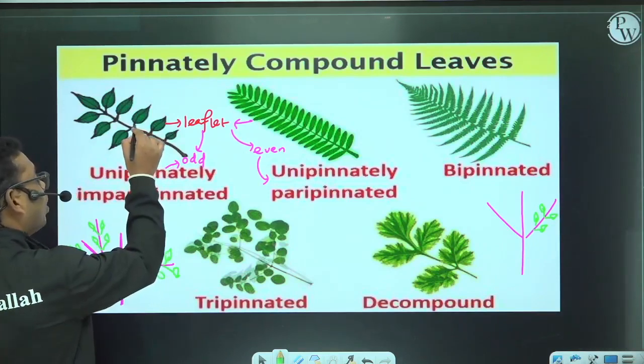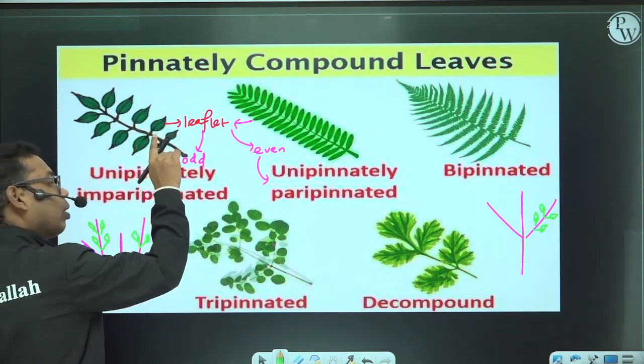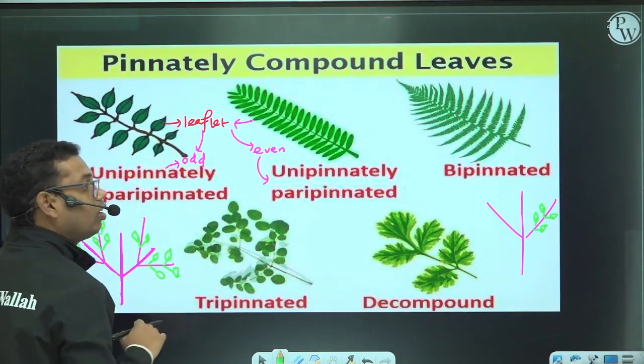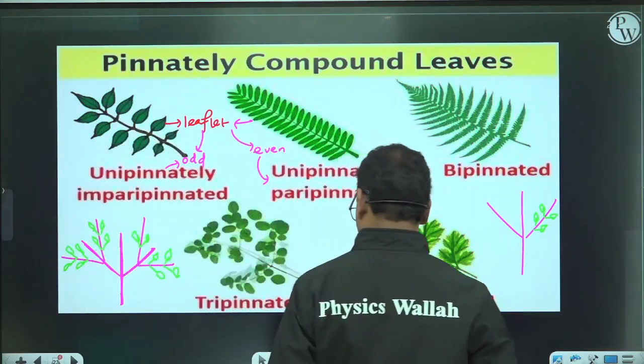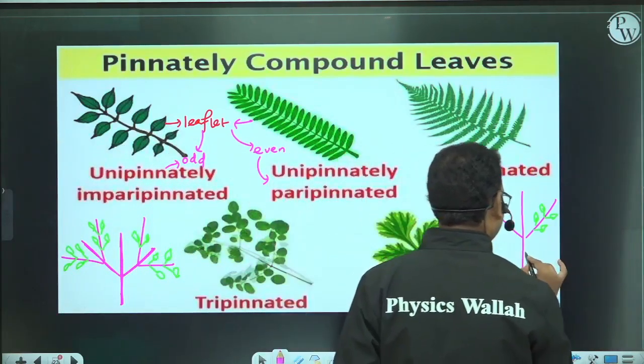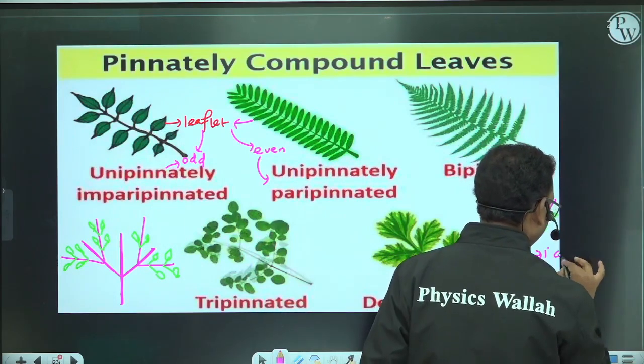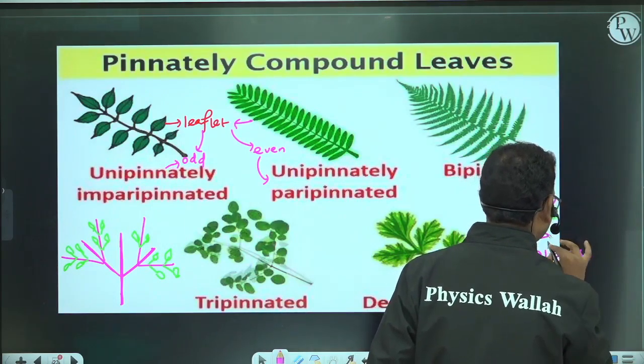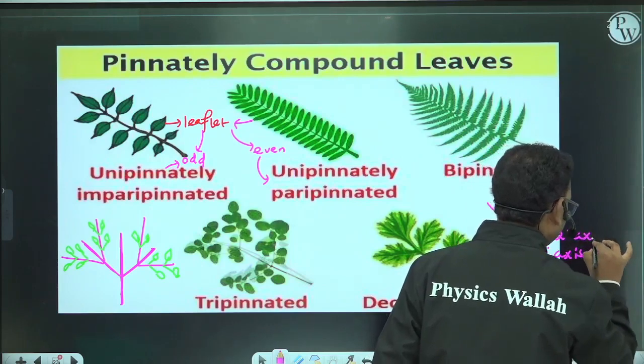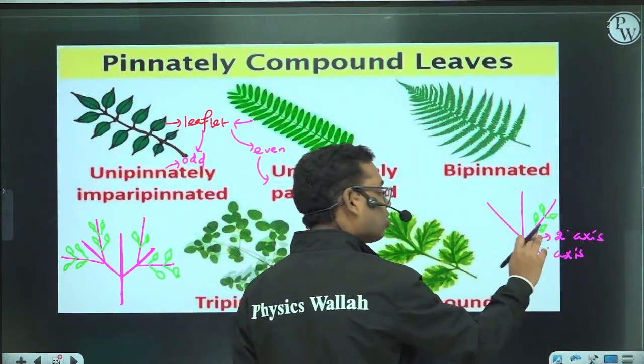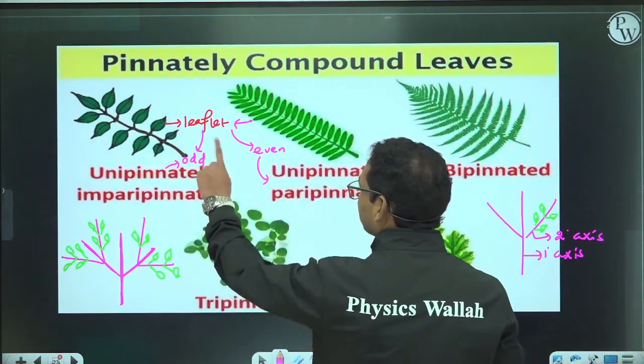So this is the primary axis. If leaflets develop at the primary axis, that is the midrib, it is unipinnate. If they develop at the secondary axis, it is bipinnate.